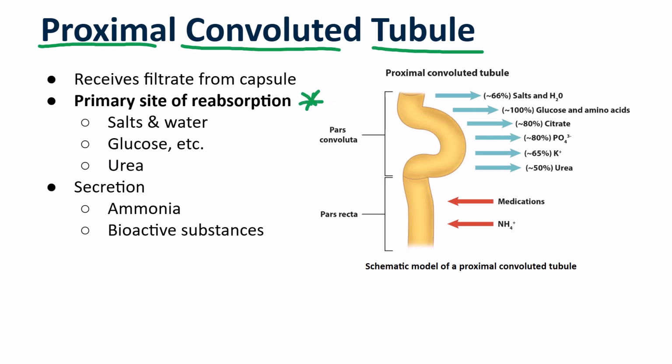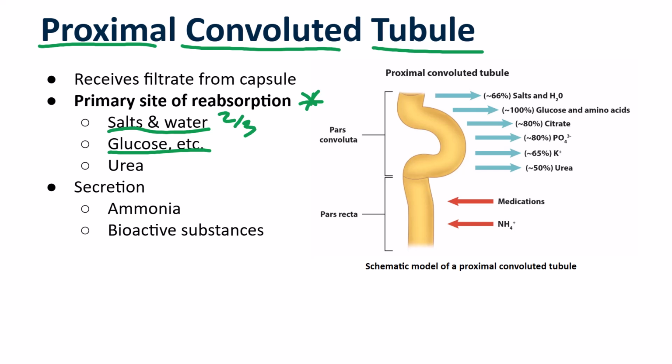This cannot be understated. And so when we think about all the materials that are reabsorbed here, we have salts and water which follow the salts. So about 2/3 of the final reabsorbed volume occurs here in the proximal convoluted tubule for salts and water. Also, glucose and amino acids.